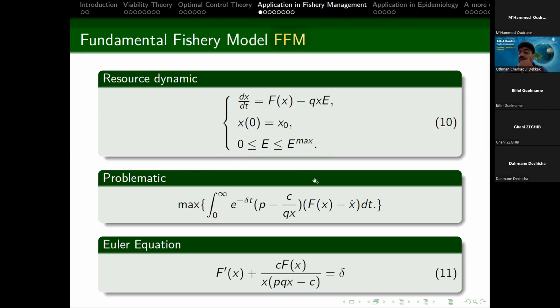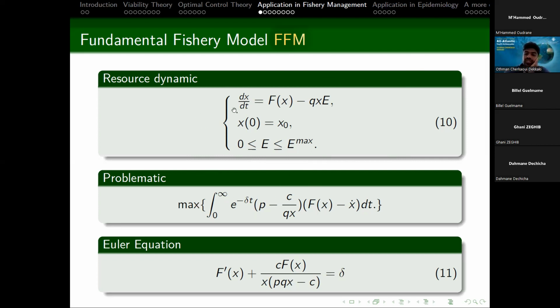For example, just imagine if e equals 0, meaning you don't have the qxe, meaning that the function is easier to study. The derivative becomes just the growth function f(x), and that's easy.